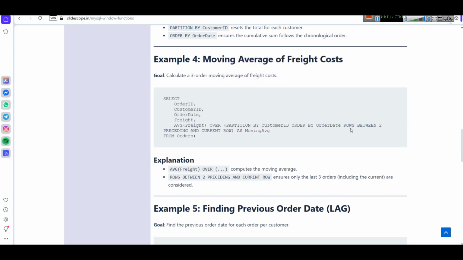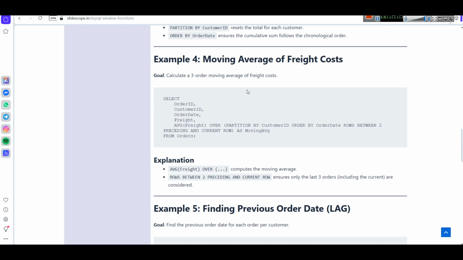But here we are using rows between two preceding and current row, as moving average. What is the meaning of this? Rows between two preceding and current row ensures only the last 3 orders including the current are considered.